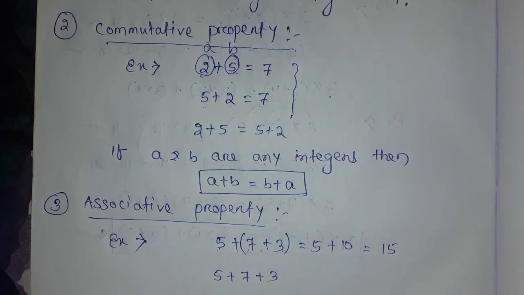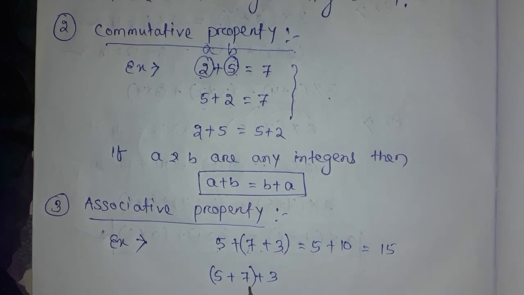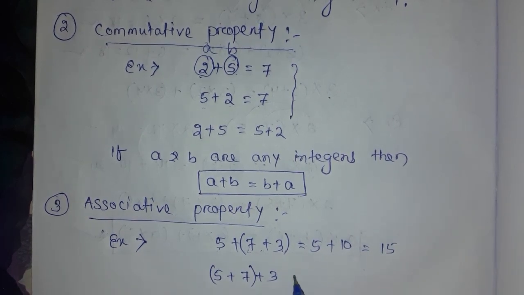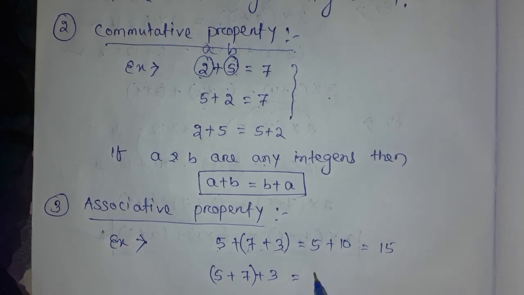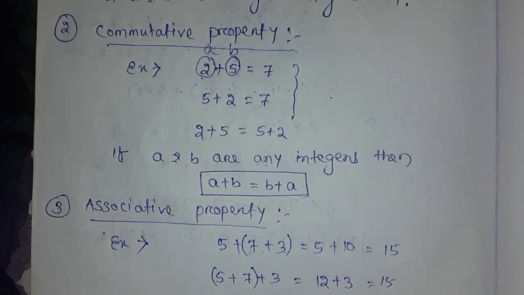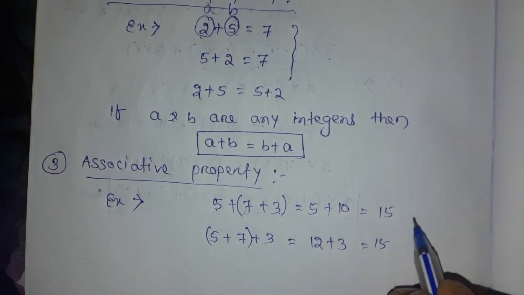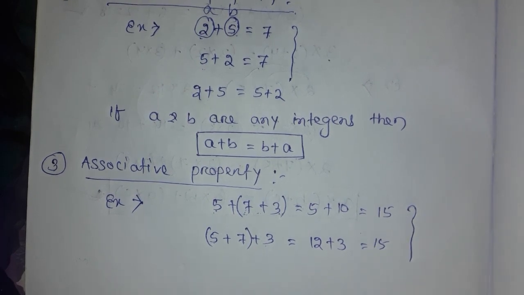With the same numbers, I will apply a different trick. 5 plus 7 plus 3. Here I will add the first and second, then to this result I add the third. Let's see the result. 5 plus 7 is 12, then plus 3 is 15. Look, in both cases the result is the same, 15 and 15.